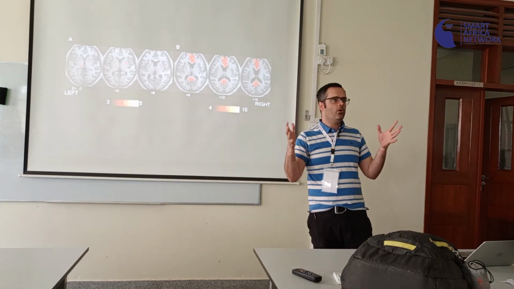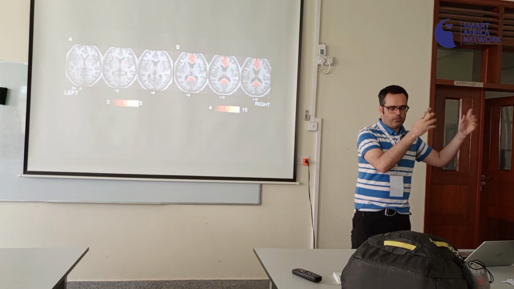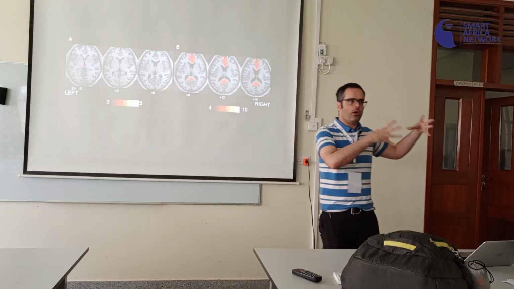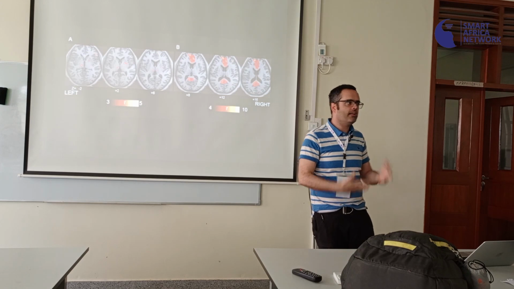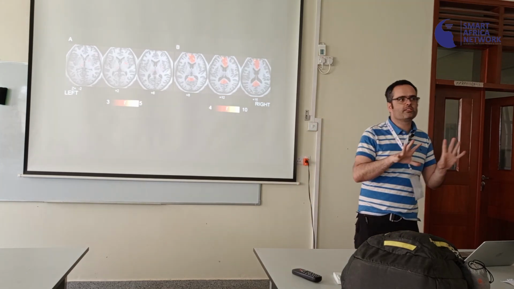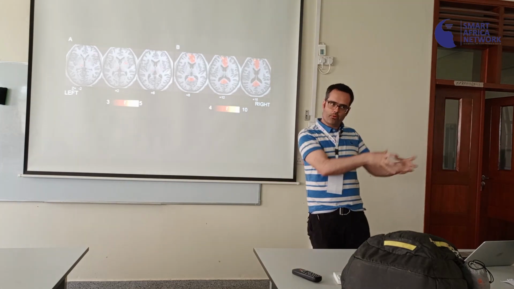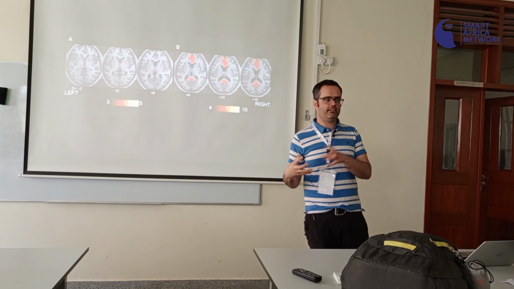Right, so when we did this, we actually got very good results. It was people with very little education, people with the most HIV, and they got it right first time. And we got very good results. We could show that the regions that we want to activate properly do get activated.